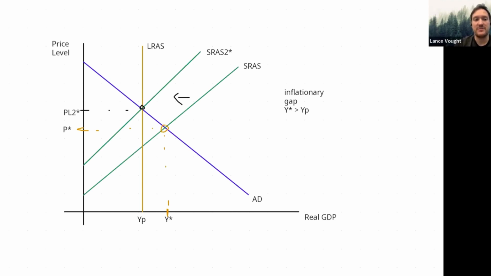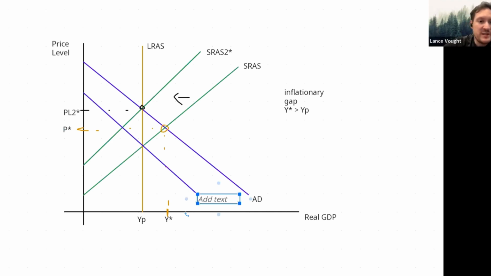So that's the risk that happens if we don't engage in a policy. If we engage in a policy, we need to engage in a contractionary policy, because what we want to do is we want to basically induce the aggregate demand curve to shift to the left and end up at that same output level that we'd end up if we did nothing.